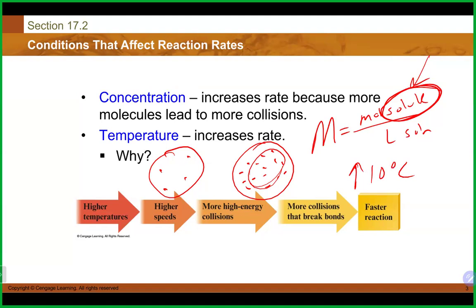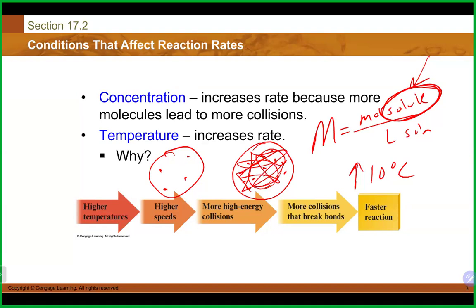The idea there is as you increase the temperature, maybe you take your test tubes and put them in a hot water bath before you mix them together. That's going to add a lot of energy to everybody, which means people are moving around a lot faster, causing a lot more collisions. And in addition, they're probably going to have the right amount of energy at this point because you increased the temperature and the energy of the system, and that's going to allow the reaction to take place.